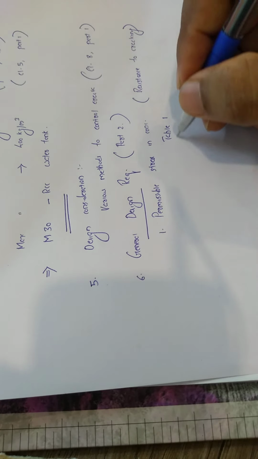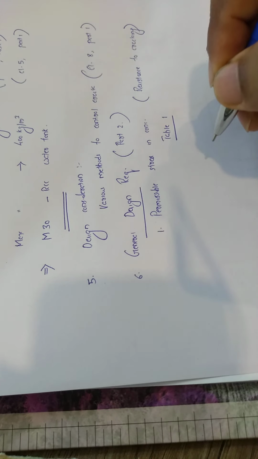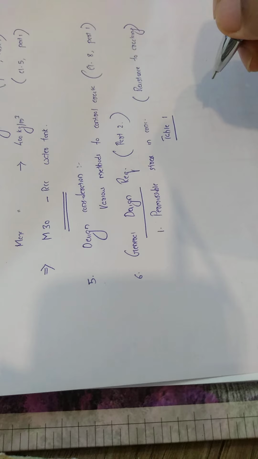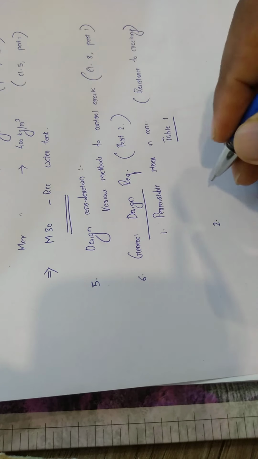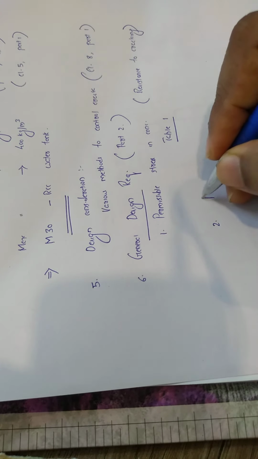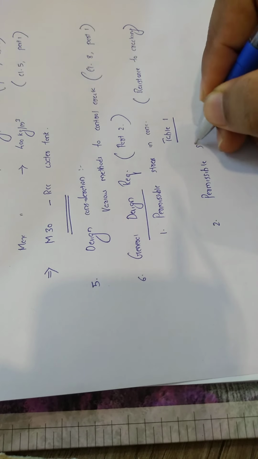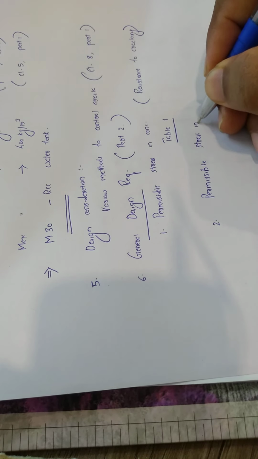For different grades of concrete, the maximum permissible direct tension and the tension due to bending are given in table 1. The second thing we have to look into is the permissible stress in steel.